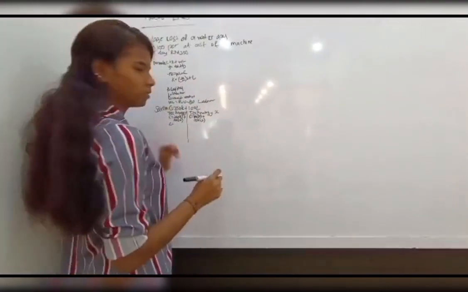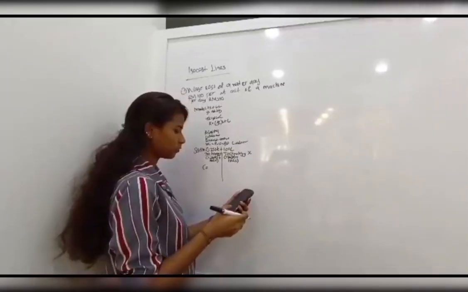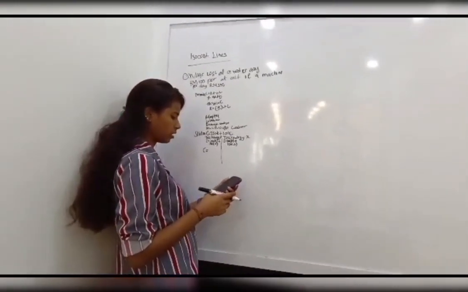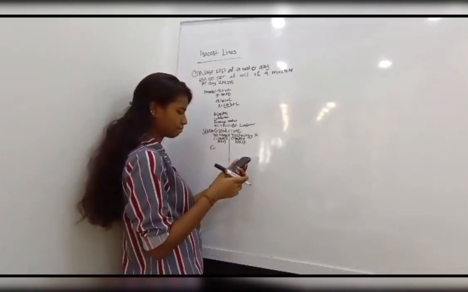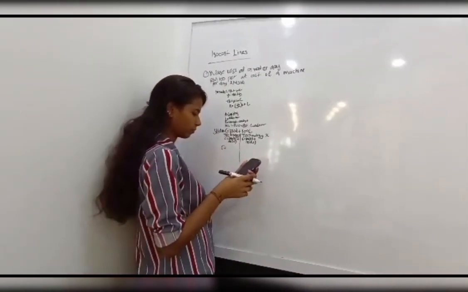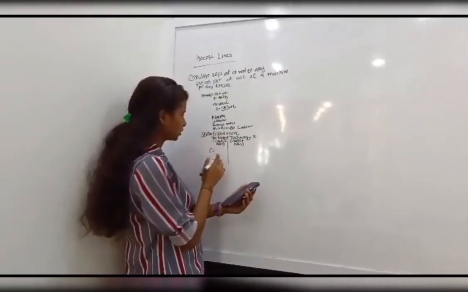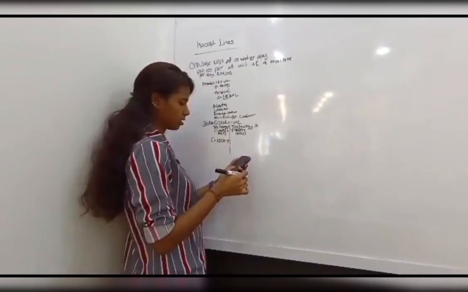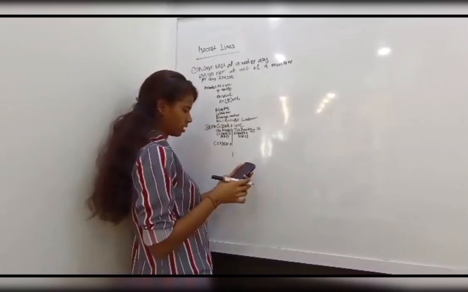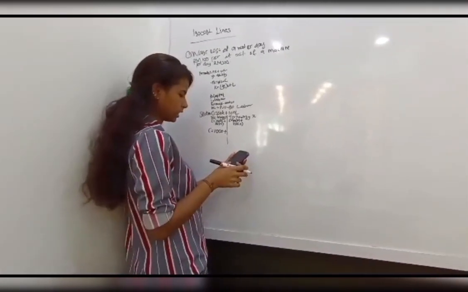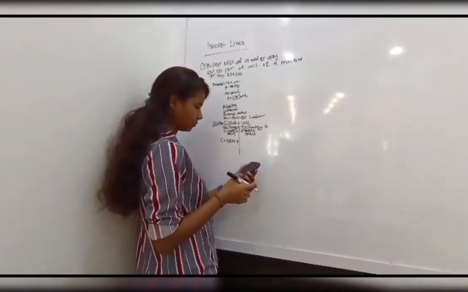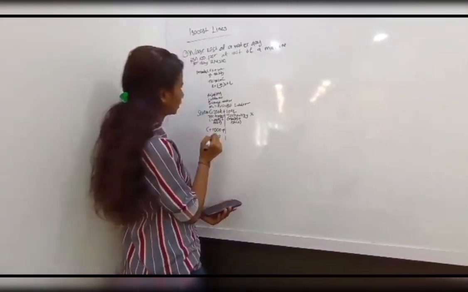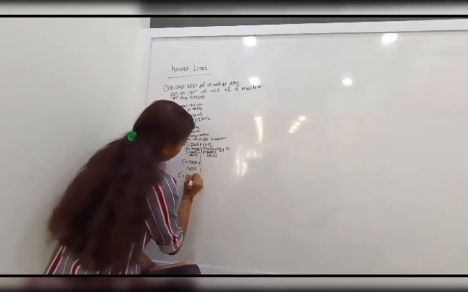Okay. This one solution is 250 times by 4, which is 1000, and then plus 100 times by 10, which is 1000. So the total amount of the capital is RM 2000.